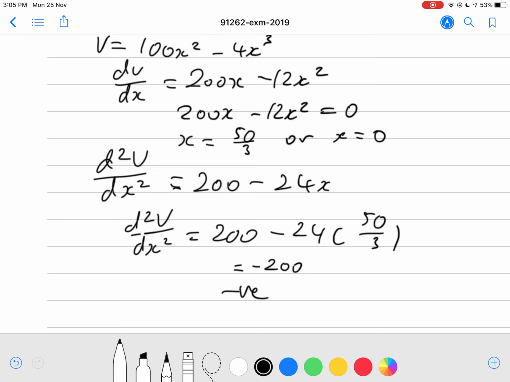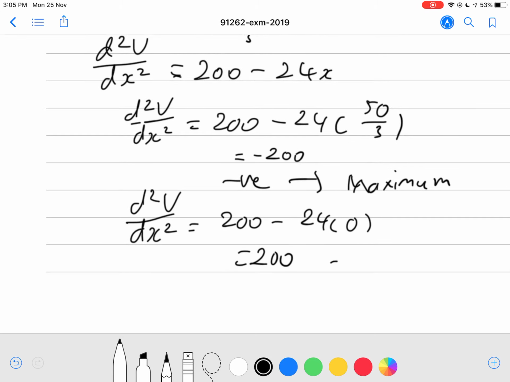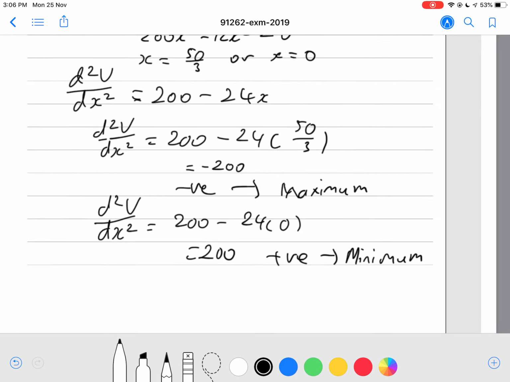This is negative, so therefore this is a maximum turning point. However, if we substituted x equals 0, we would get 200 minus 24 times 0, which equals 200. So this is positive, so x equals 0 is a minimum.